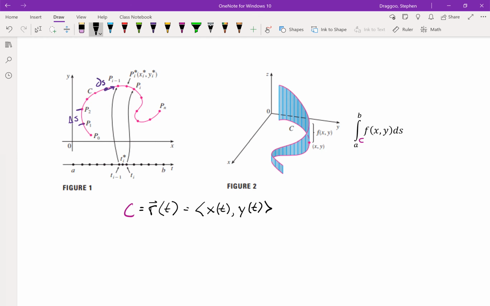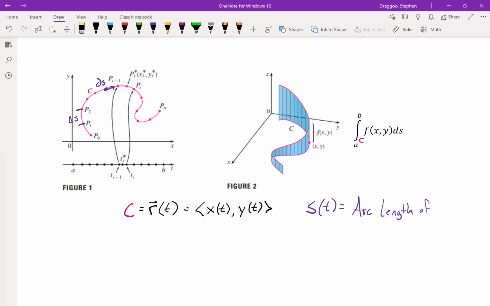And let's keep going with what we had earlier, and we'll say that s is the arc length. S of t, because it'll be a function of t, is going to be the arc length of C. So notice that there is a slight difference between C, r, and s.